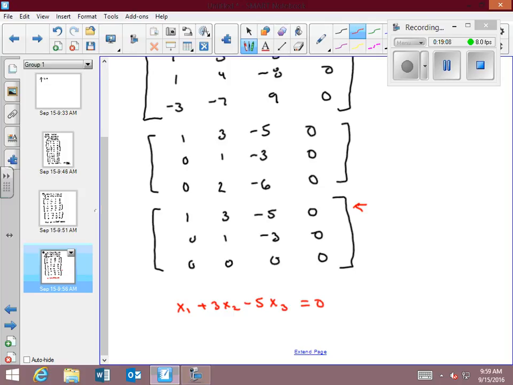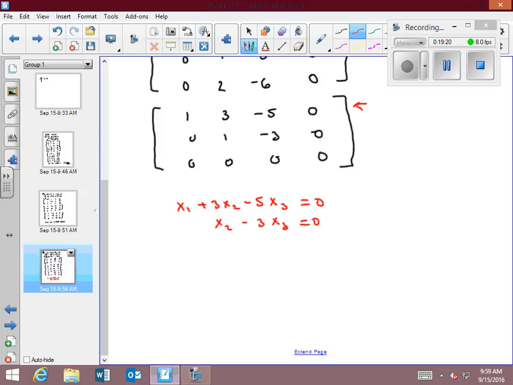And then the second line says x2 minus 3x3 equals 0, and x3 is free. Right? Can be whatever you want. You assign the value.